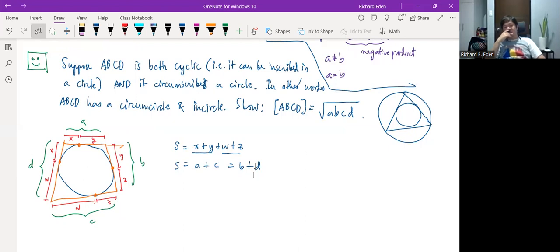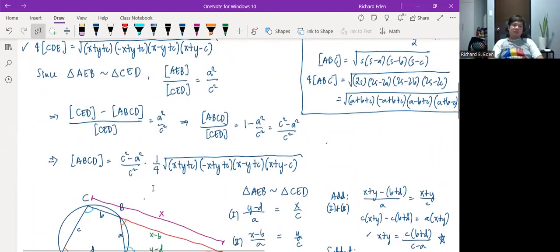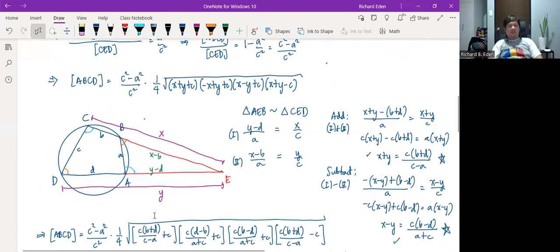By the way, is there a general Heron's formula for any polygon, like pentagons? None that I know of. But if you go back to our proof, we used properties of cyclic quadrilaterals.